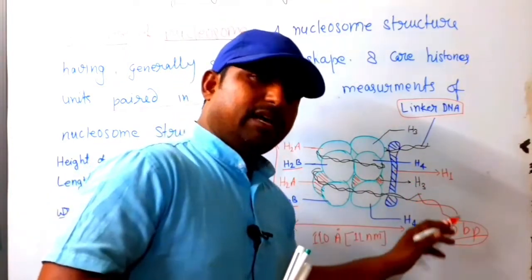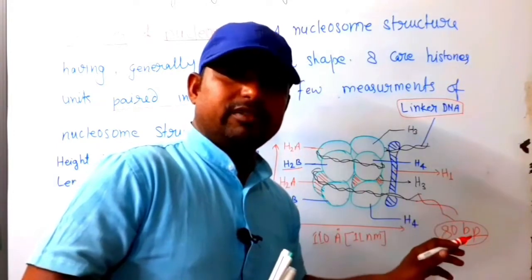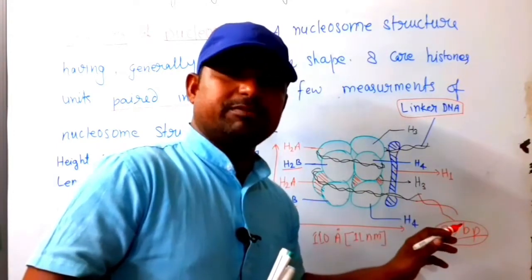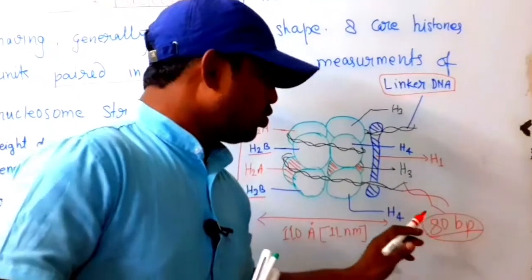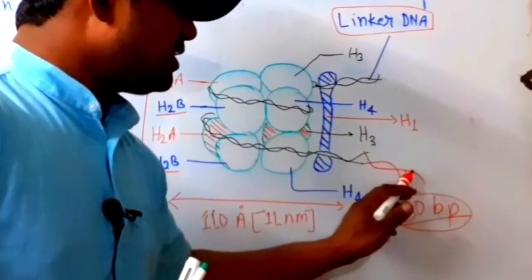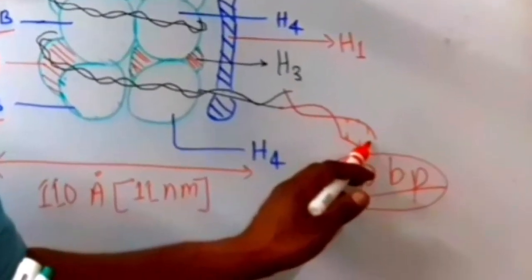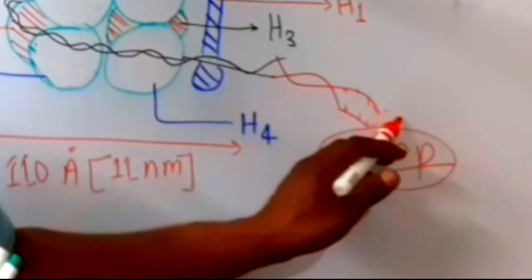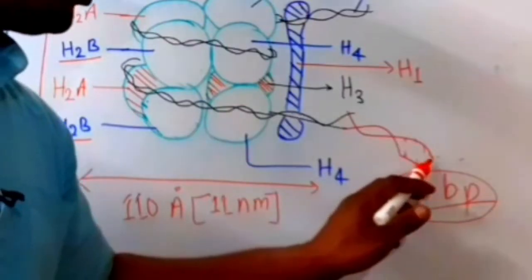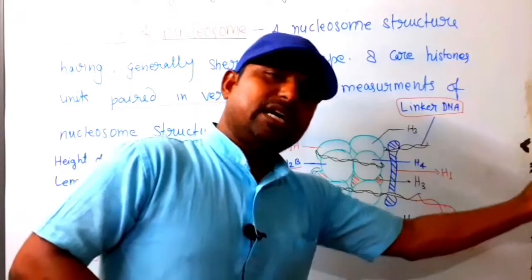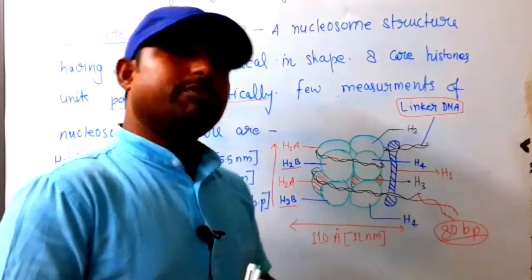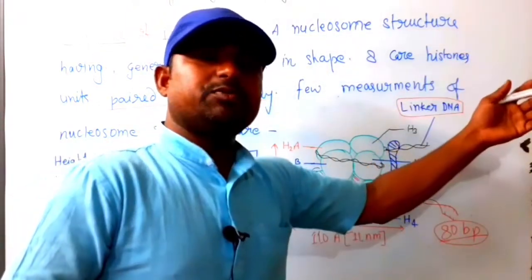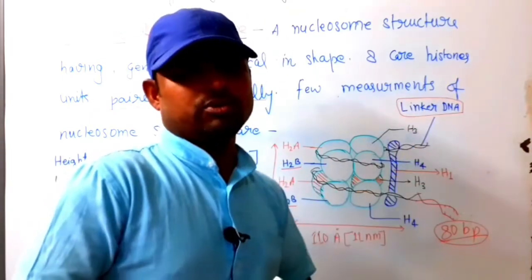The pairing of nitrogenous bases is known as a base pair, such as A, T, C, G. After the 80 base pairs, the next nucleosome occupies, again 80 base pair, next nucleosome occupies.